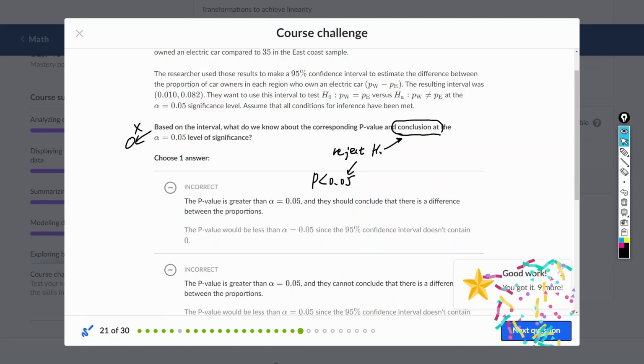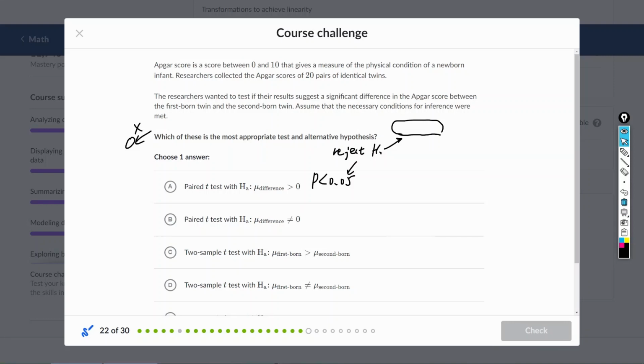OK，好的。An Apgar score is a score between 0到10 that gives a measure of the physical condition of a newborn infant. Researchers collect scores of 20 pairs of identical twins. The researcher wants to test if their results suggest a significant difference in Apgar score between the firstborn twin and the secondborn twin.